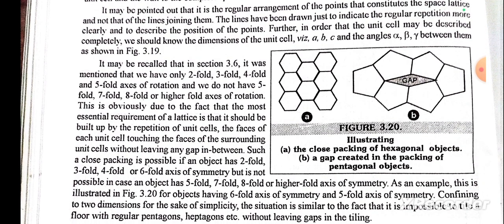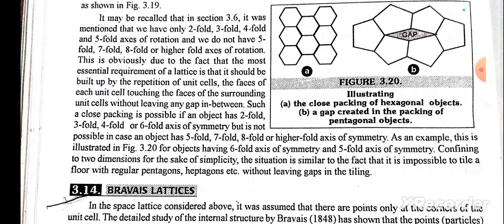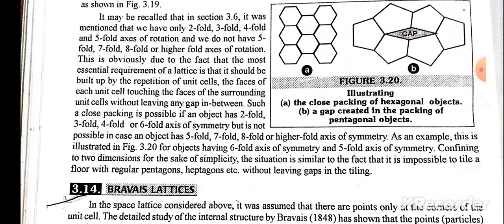Further, in order that the unit cell may be described completely, we should know the dimensions of the unit cell, a, b, c, and the angles alpha, beta, gamma between them, as shown in figure 3.19. It may be mentioned that there are only two-fold, three-fold, four-fold and six-fold axes of rotation.